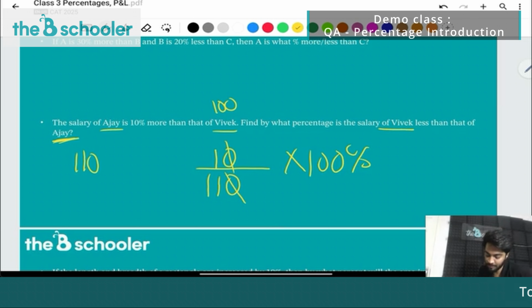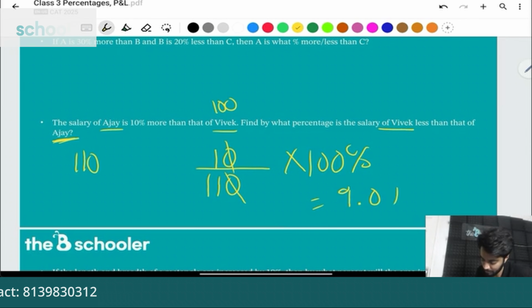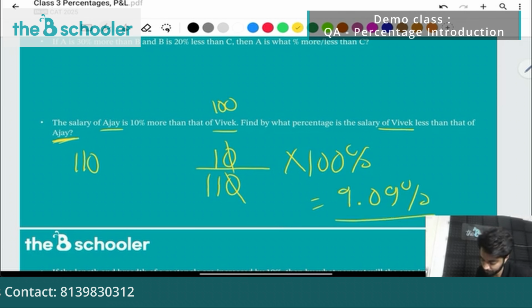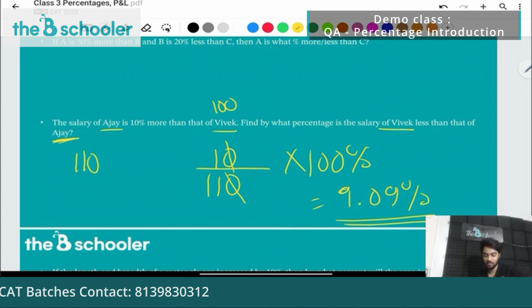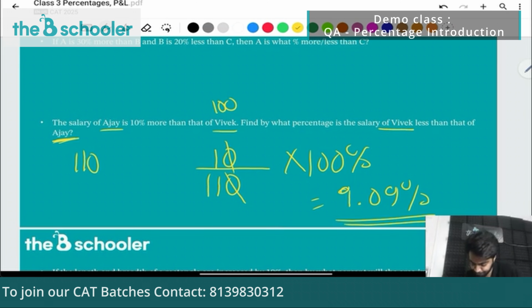Again, we came back at 1 by 11, which is nothing but 9.09 percentage. Clear? Is it clear?